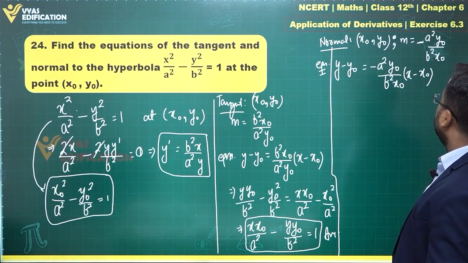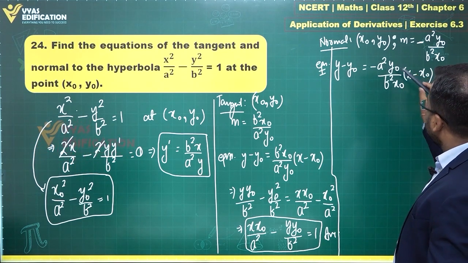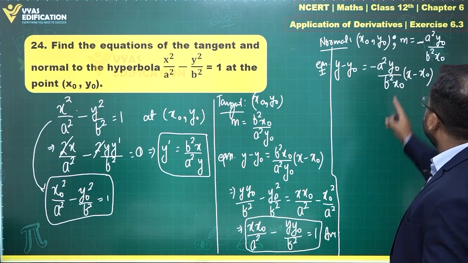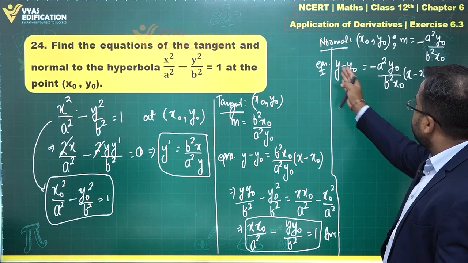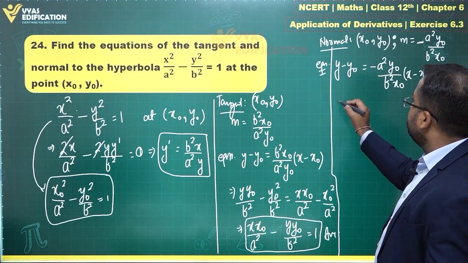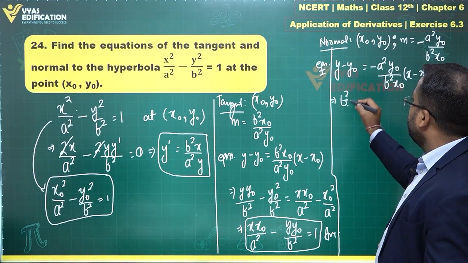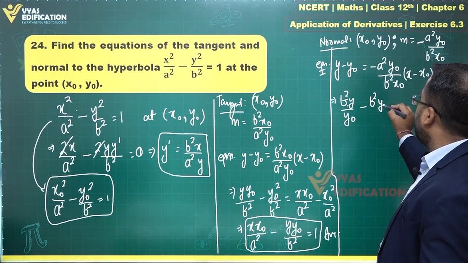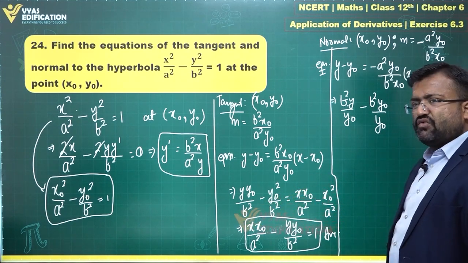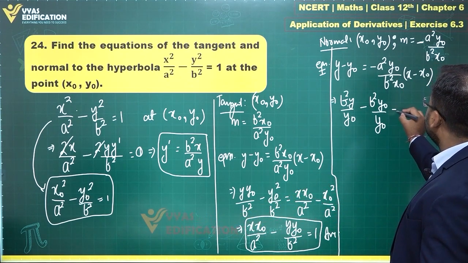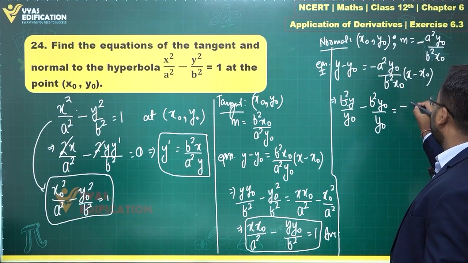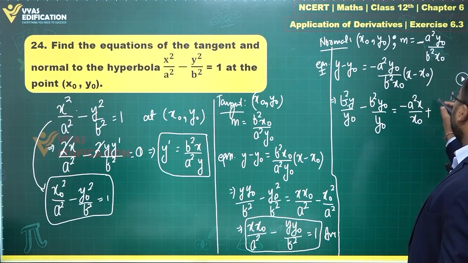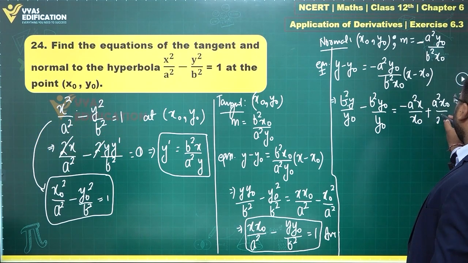Okay. So let this a square and x0 remain with x only, because a square and x0 are with x only. And let's take that y0 and b square over here. Let's multiply by b square upon y0. So this becomes b square y upon y0 minus b square y0 upon y0. And this here is minus a square x over x0 and plus a square x0 upon x0 is what I get.